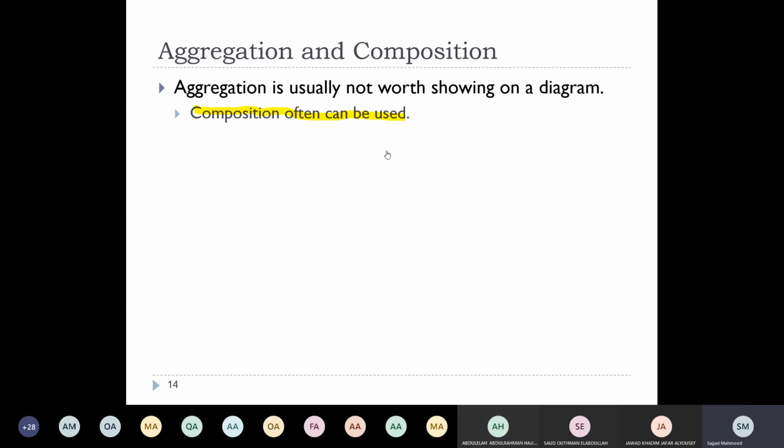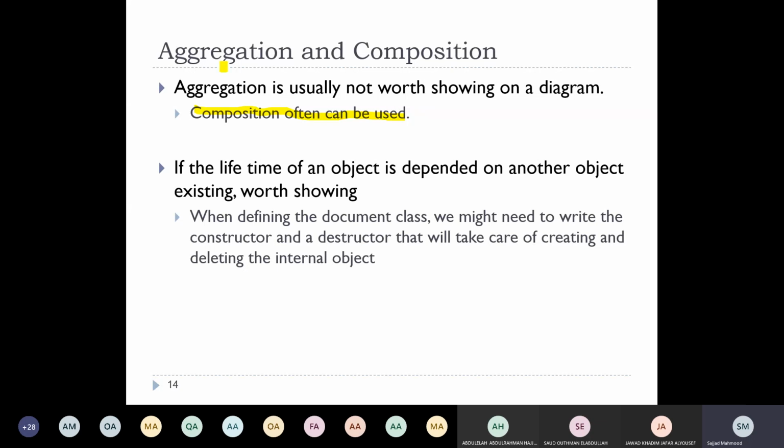Is everybody comfortable with these concepts? Yes, Saud. Can you please explain more why we are more interested in composition than aggregation? Okay. The reason we are interested in it is because during the lifetime of an object, it depends on another one, right? So it's worth showing.